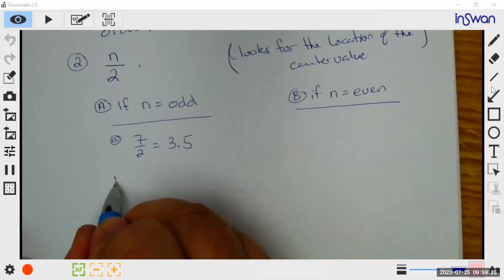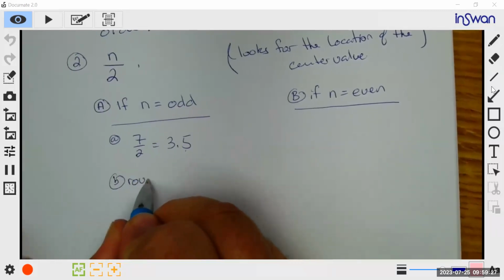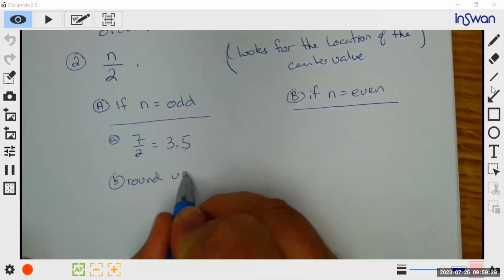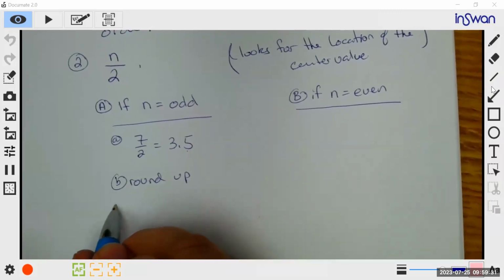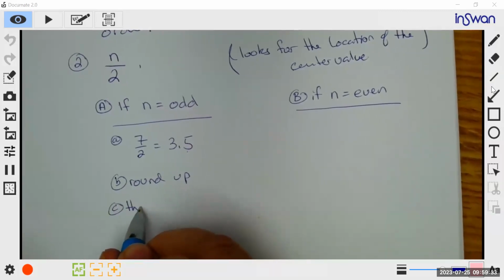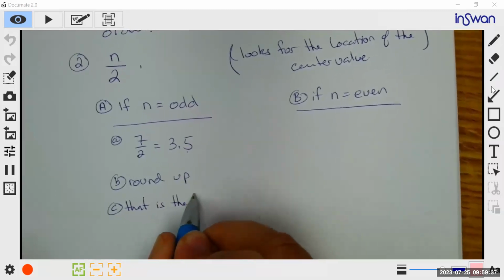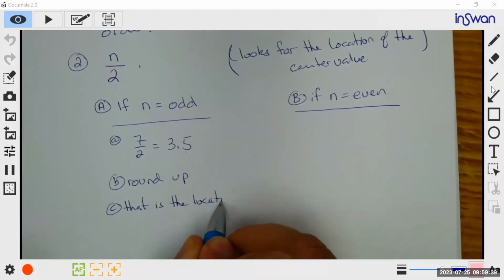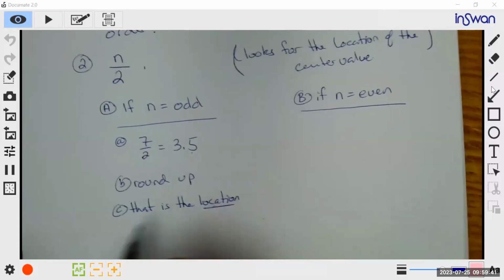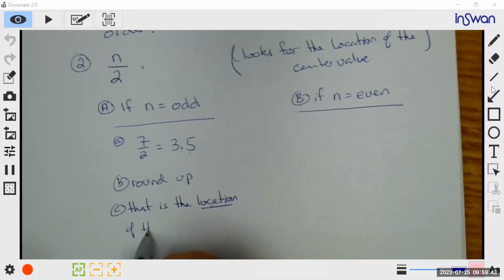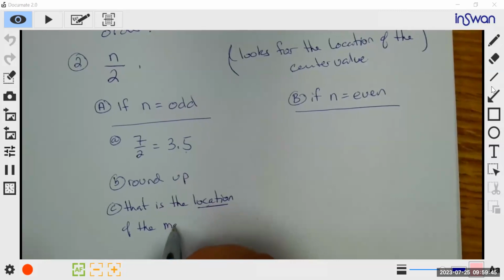If it's 0.5, round up. That is the location of the median.